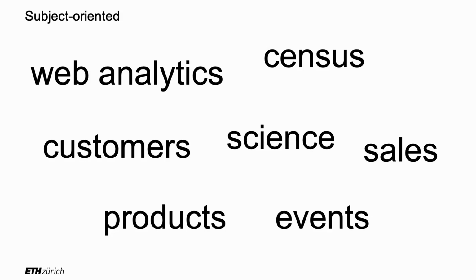So what characterizes OLAP and data cubes in general is motivated by where it all started in the 1990s. It started with very specific use cases. It's basically analytics on your customers and products. It can be census data. In fact, that's probably the oldest use case ever. IBM, for example, was created like this, I think even at the end of the 19th century, very long ago.